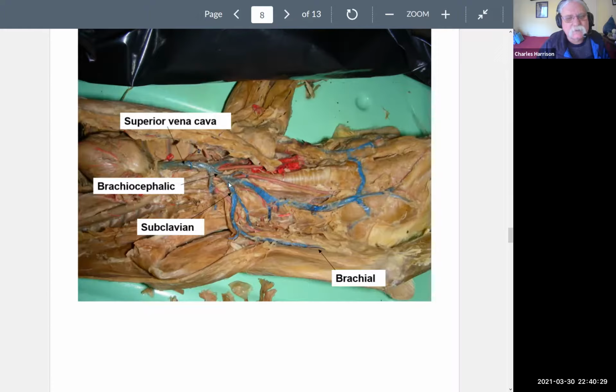Coming back here, this is the subclavian. This is the subscapular. And after the subscapular, we have the brachial. This is the subscapular again. Here's the transverse scapular.